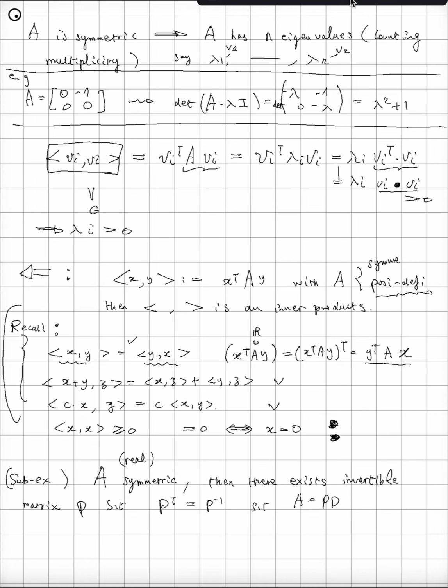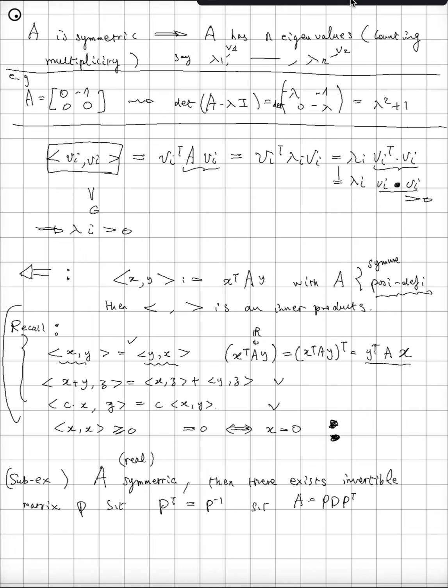Of course, first is PDP inverse, which means A is diagonalizable. So this is a famous result. We know that real symmetric matrices are diagonalizable, and moreover, you could also write it in the form PDP transpose, but it's just because you recall how you construct your diagonalization, the P is chosen to be those eigenvectors, right?